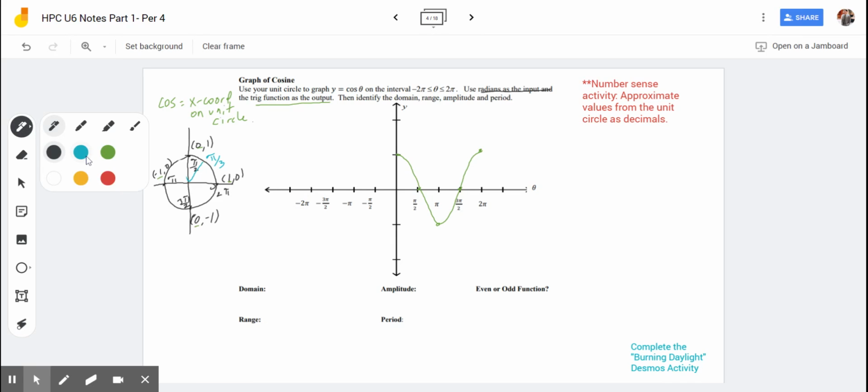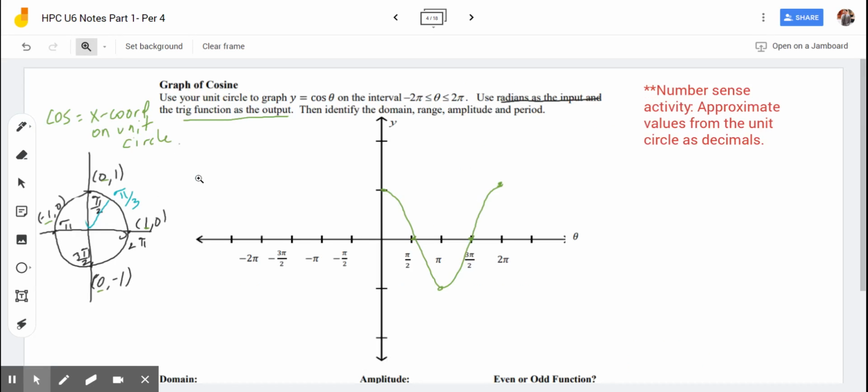At pi over 3, our unit circle value is going to be (1/2, radical 3 over 2). And remember that cosine is the x coordinate. That's why I chose pi over 3, because 1/2 is a lot easier to wrap your head around than radical 3 over 2. So now let's approximate the values from the unit circle.